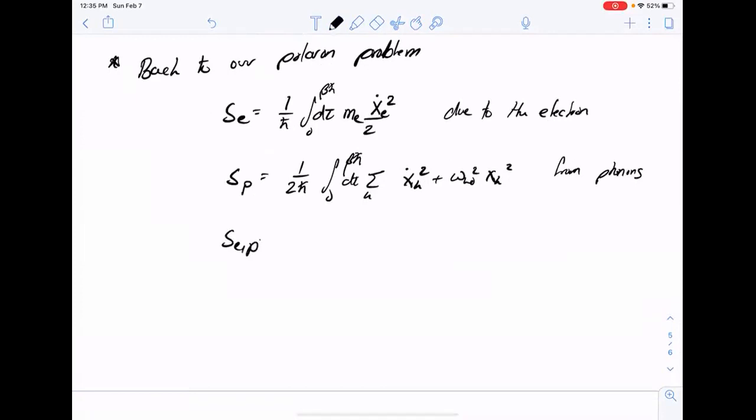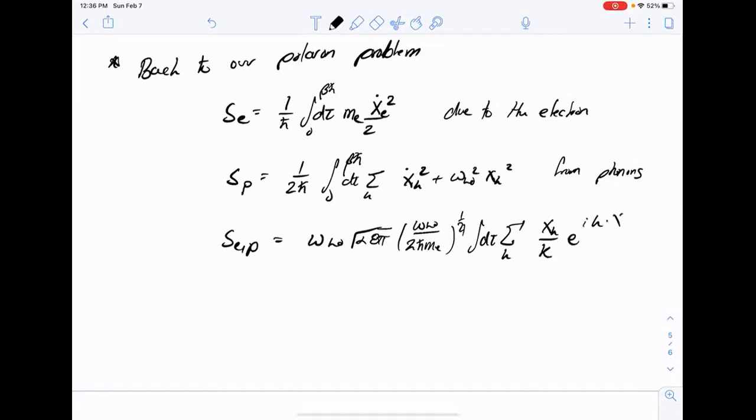Call it EPH or EP, which weights that optical phonon frequency, the square root of our dimensionless coupling, factors of constants, this kernel, and then our imaginary time path over each mode, the displacement of the kth oscillator, and this Fourier transform of the electron position.